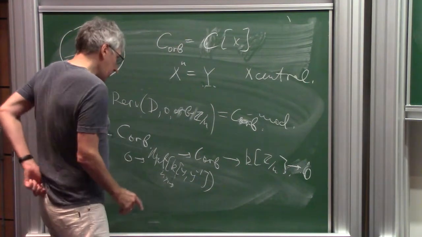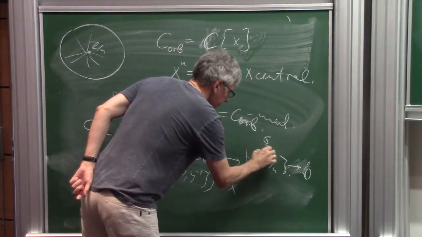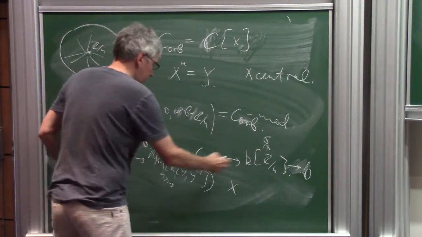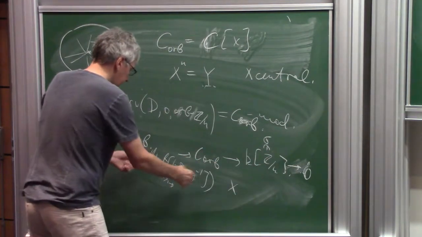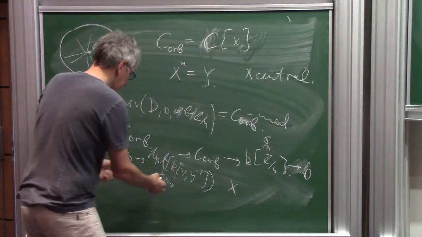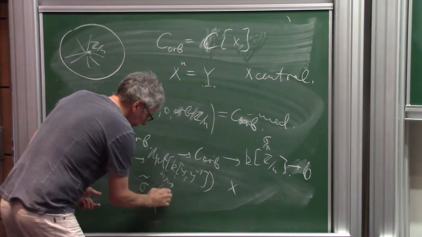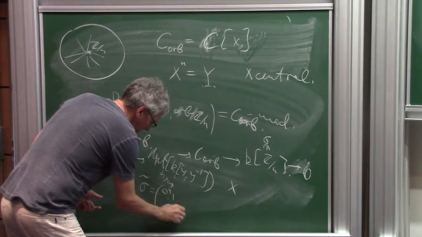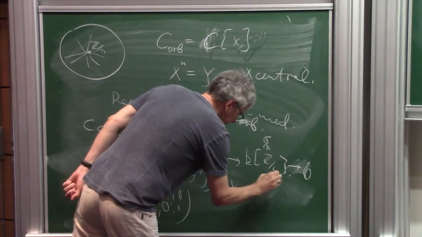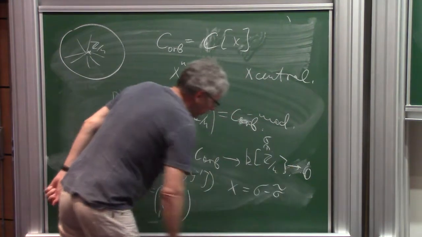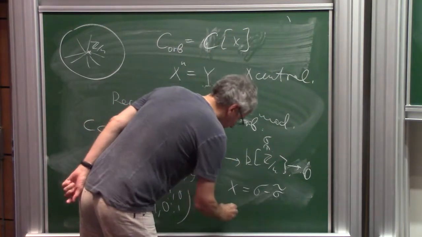endomorphism of the identity functor. So here we have a similar story. You have this element x, which is the following. If you take the generator sigma in this group, because this group x, this is also a bimodule of this algebra. So you have sigma acting there on the left and on the right, and that's actually action by means of the matrix sigma tilde, which is a permutation matrix. It's 1, 1, 1, and 1 here. And then the claim is that if you take the element x, which is sigma minus sigma tilde, then this is a central element in this homotop algebra.